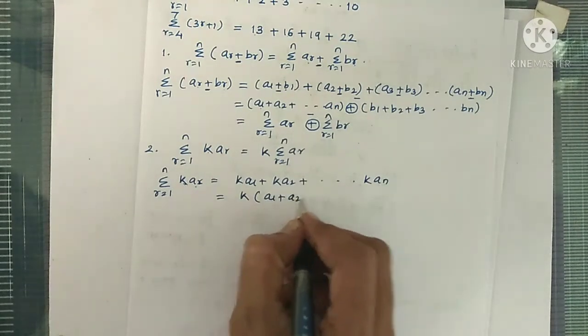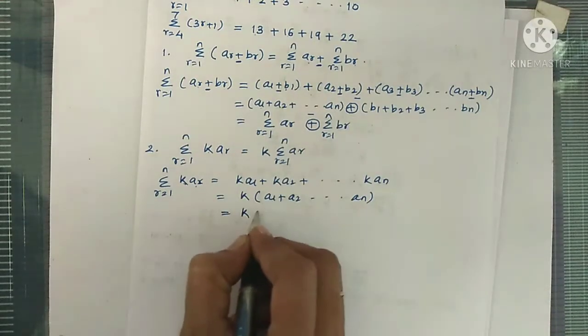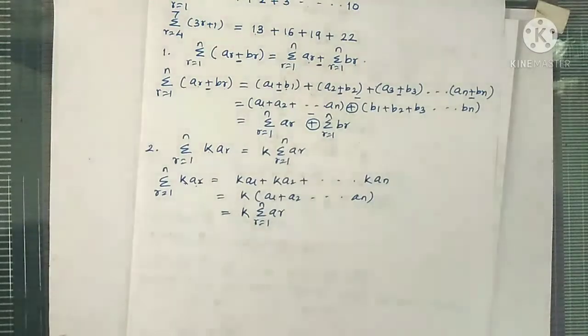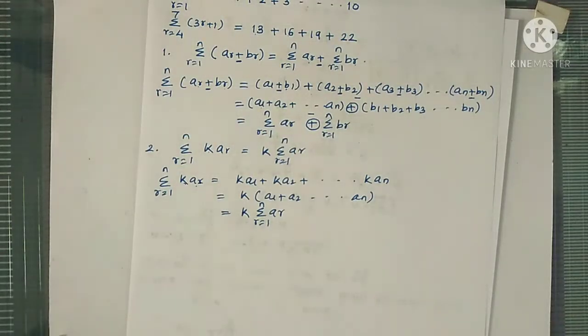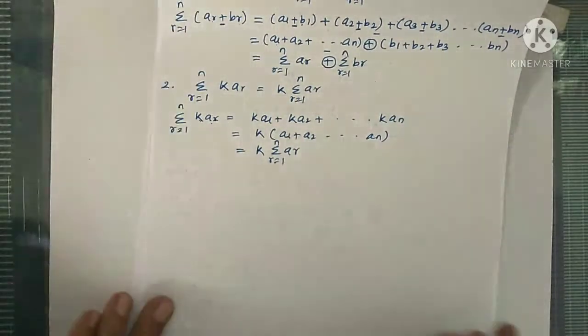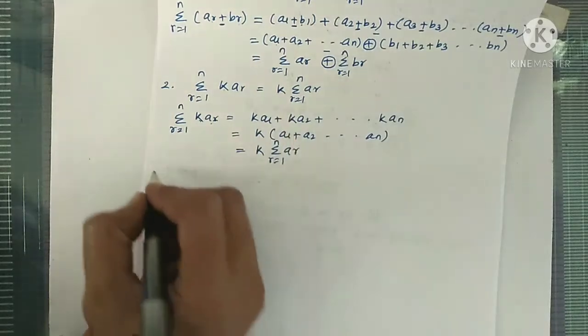So this is A1 plus A2 up to AN, which is nothing but k summation AR, R equal to 1 to n. So first rule is, if it is plus or minus sign in between and sigma notation is given, we have to write sigma notation for both the terms. The second one is, if a constant is given, then write that constant outside the sigma notation.